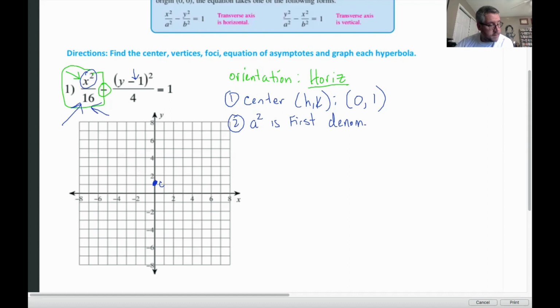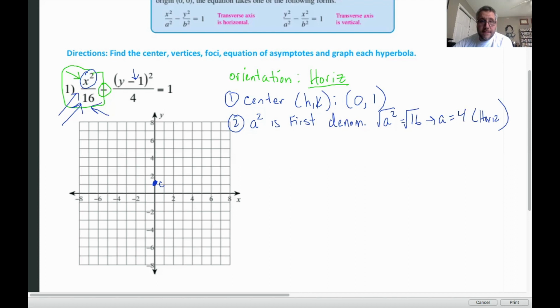All right. So in this one, we have a squared is equal to 16. So if you take the square root, that implies that a is equal to 4. And again, since this one is attached to x, it's going to be horizontal.